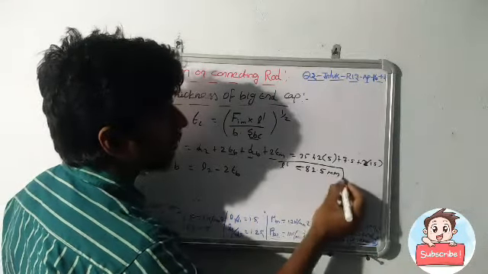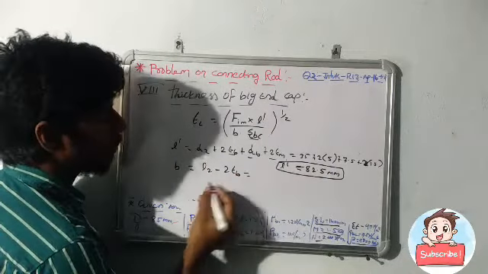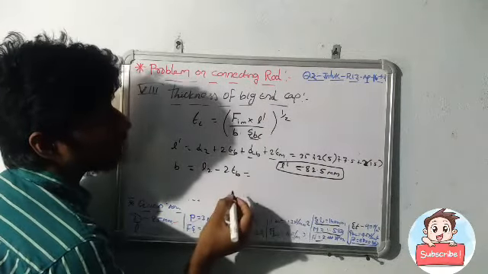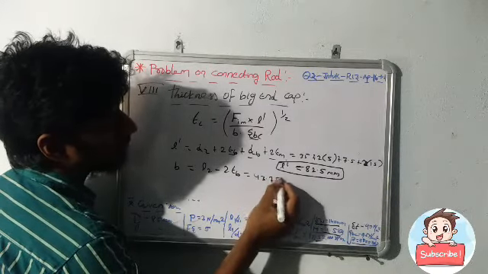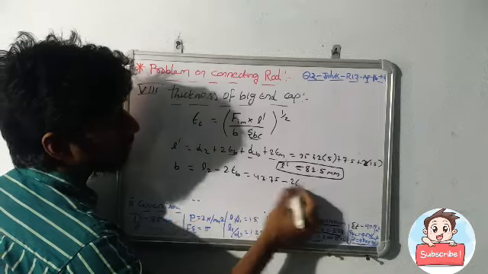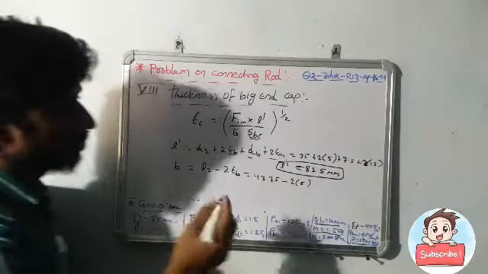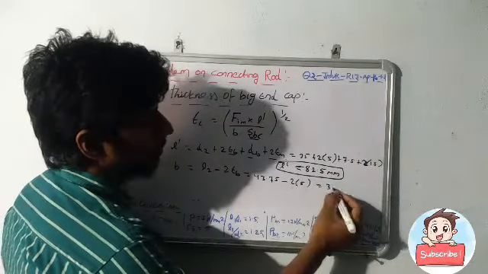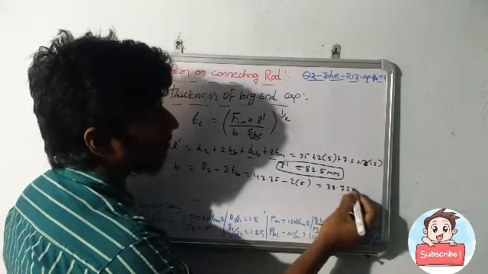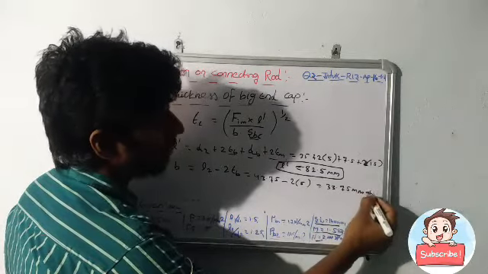Similarly, what about B? L2 is 43.75 minus 2 into TB, here I considered 5. By simplifying, we get 33.75 mm. So this is B.